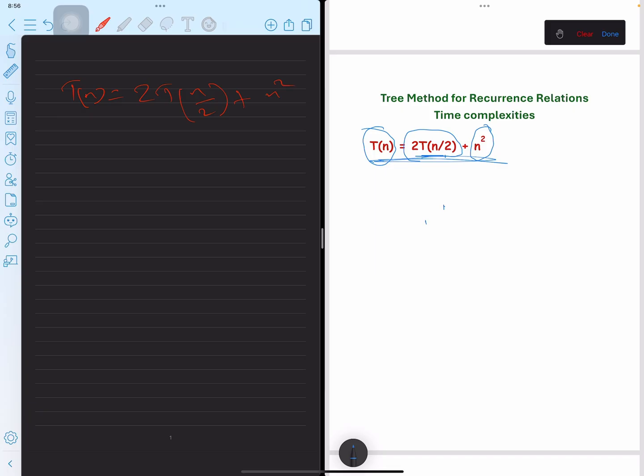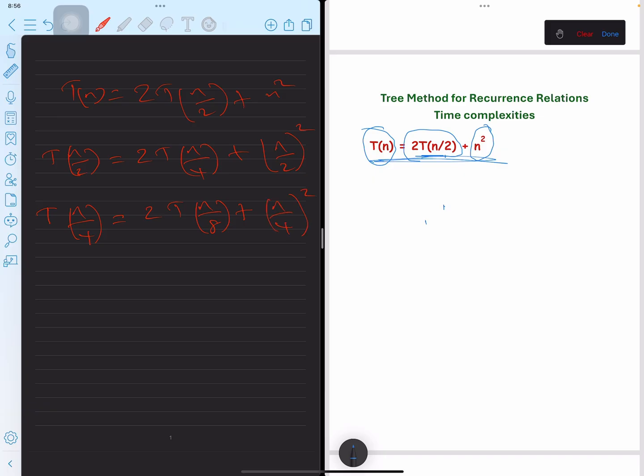Now, the next input is T(n/2) = 2T(n/4) + (n/2) squared, right? Now, the next input will be T(n/4) = 2T(n/8) + (n/4) squared, right?